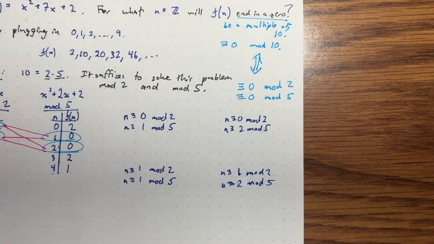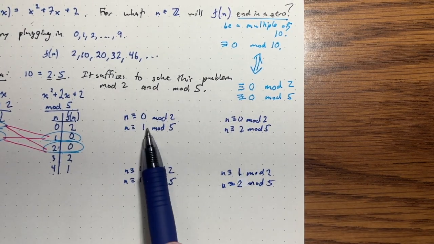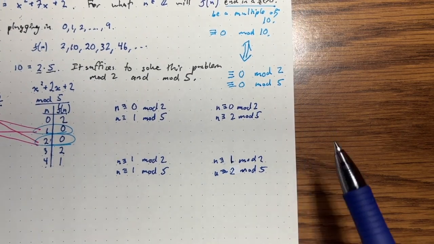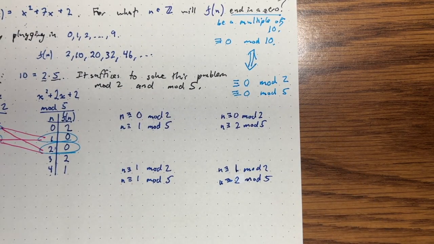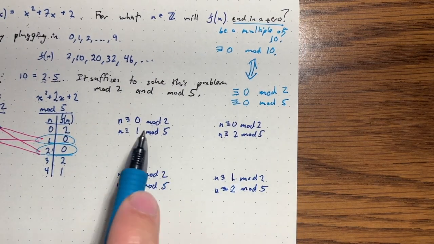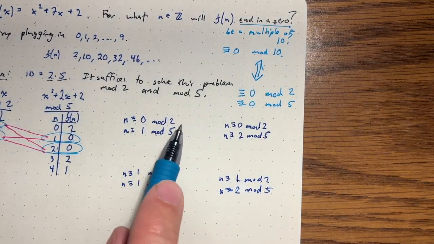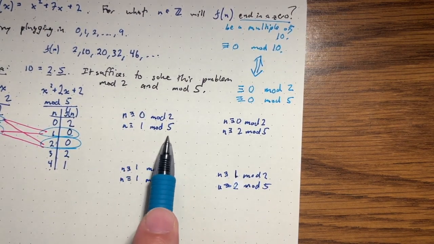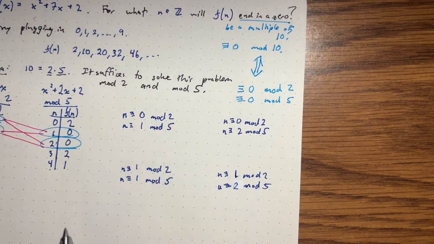So now the question is, will all of these conditions correspond to a unique condition mod 10? The answer is yes by Sun Tzu's theorem. And we can just sort of figure out what those are. Again, when the moduluses are small, you can just count by multiples. So if I'm 1 mod 5, well, 1 is not 0 mod 2, but 6 is.